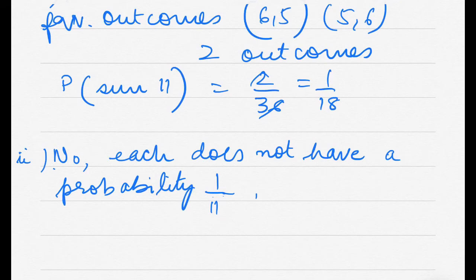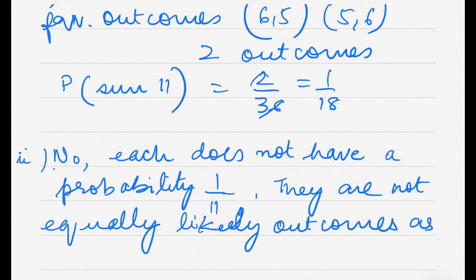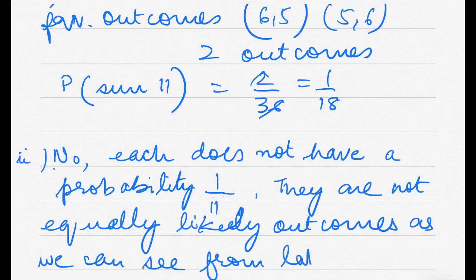And they are not equally likely outcomes, as we can see from the table. So all have different sums and are not equally likely outcomes.